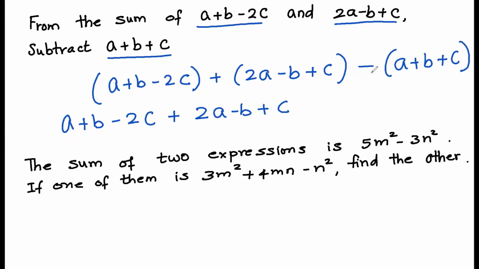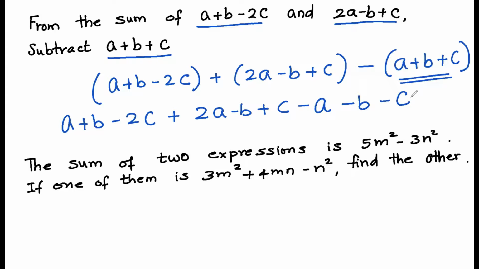However, now you have to be careful because you are subtracting. So keep in mind that when you are subtracting, the signs of the coefficients of these terms are going to flip. So now it's going to become minus a minus b minus c.